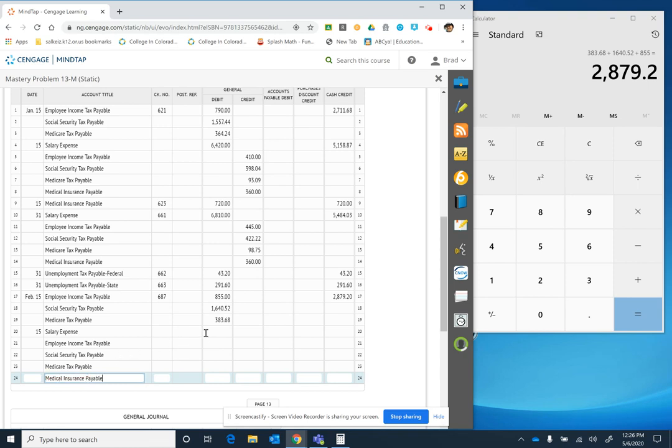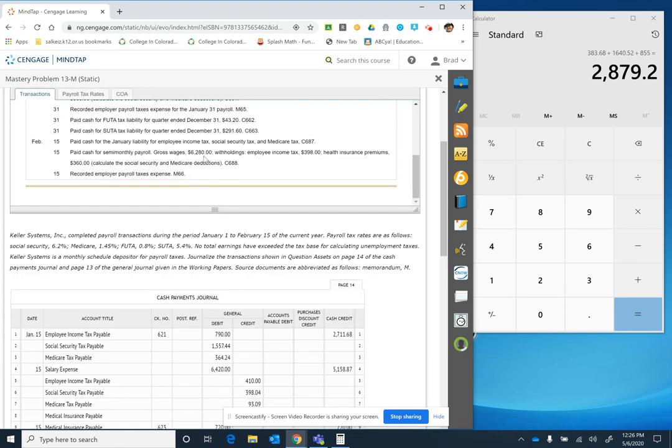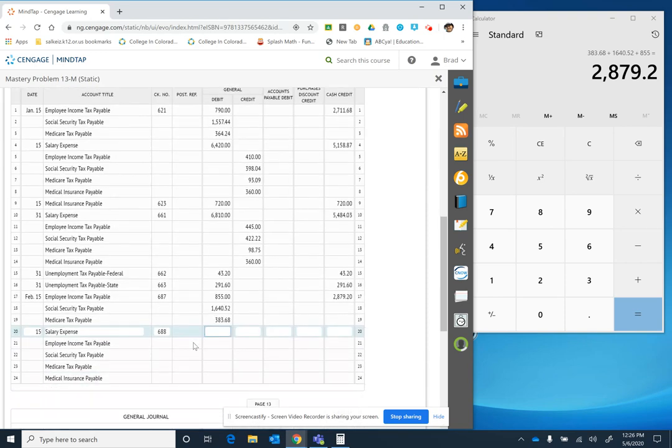Okay. So again, if you're keeping track here, we're doing the same thing. We're paying our semi-monthly payroll because we pay our employees twice a month. So the check number for this one is going to be 688, and our salary expense for this month is going to be 6,280.